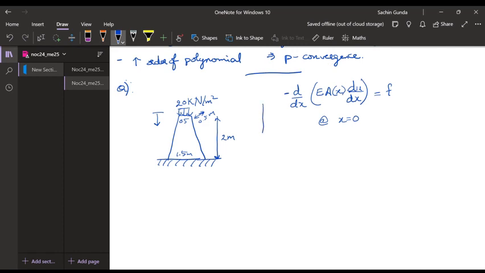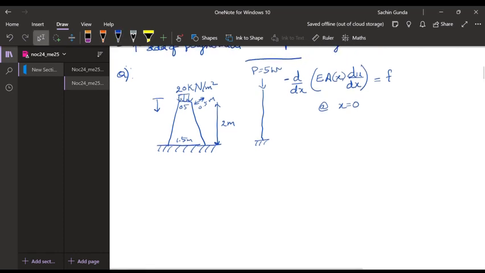We have simplified the problem into a 1D bar problem, where at the top the force is given as 5 kilonewton. For detailed explanation, please refer to the previous video. At x equals 0, the force is 5 kilonewton, and at x equals 2, the displacement is 0 as it is fixed.